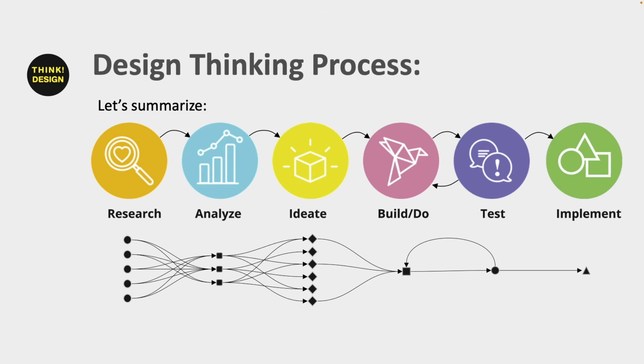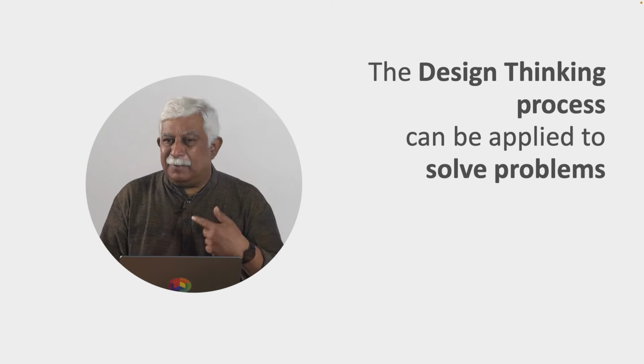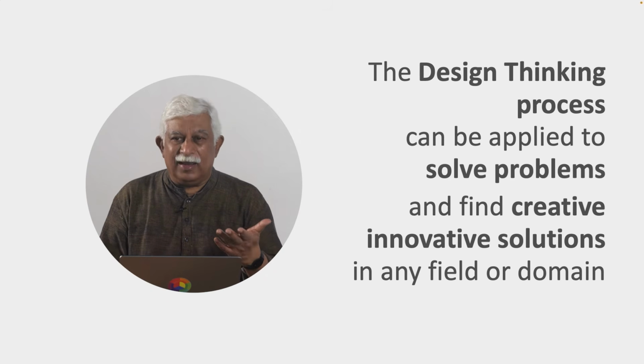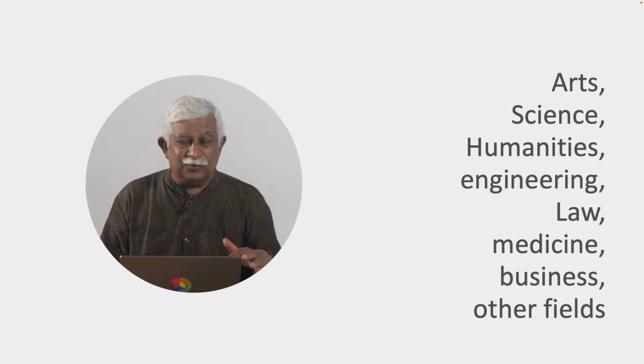Then you zero in on one or two to take forward, test, iterate, and finally implement. This is a very simple way of looking at the design thinking process, having 6 steps in the whole process. It can be applied to solve problems and find creative, innovative solutions in any field or domain. It could be arts, science, humanities, engineering, law, medicine, business, any other field.